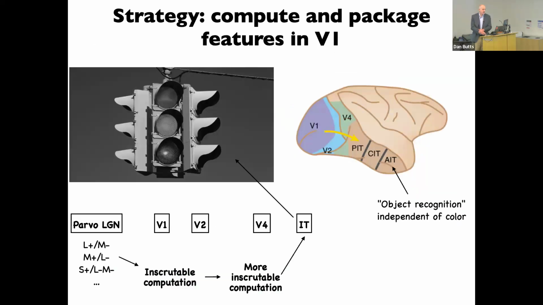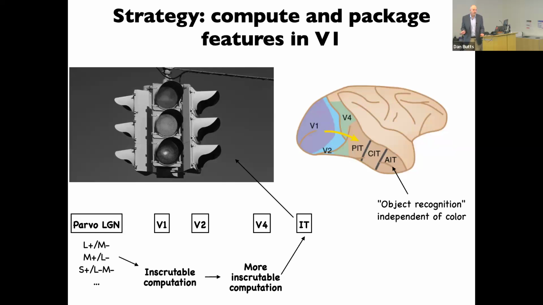The picture I want to say is that of a traffic light, and we can all recognize this as a traffic light without seeing colors at all. Presumably our whole object recognition system is doing this untangling through inscrutable computations going up.